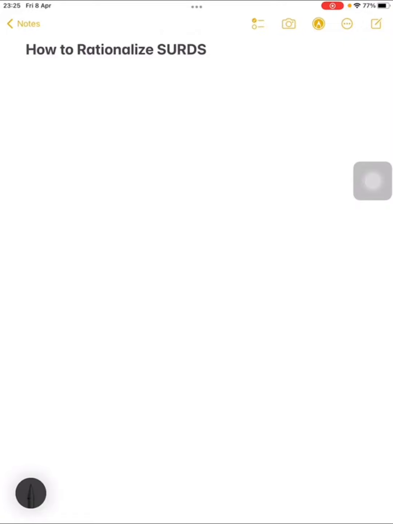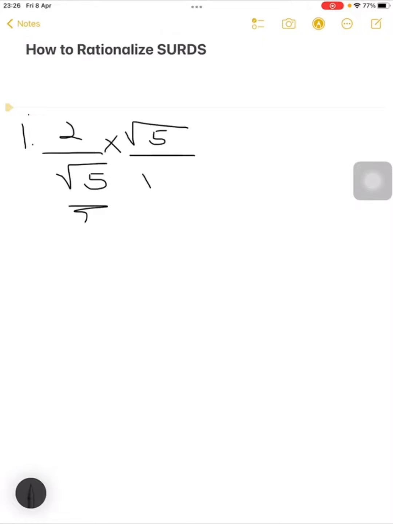Right, example number 1. We have 2 all over root 5, and I said during my previous video on introduction to surds, kindly watch it if you haven't done so yet, that when you're working on rationalization of surds and the denominator is just one term, like here we just have root 5, we just multiply both numerator and denominator by the denominator.